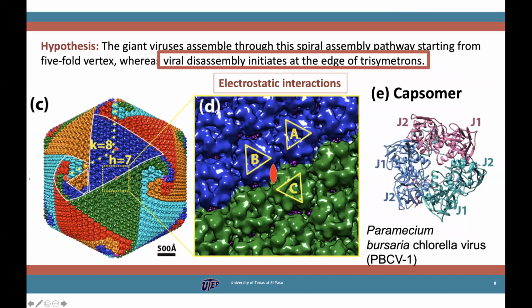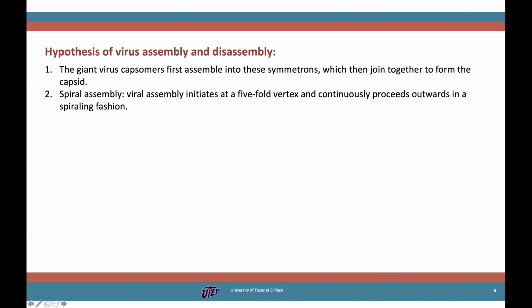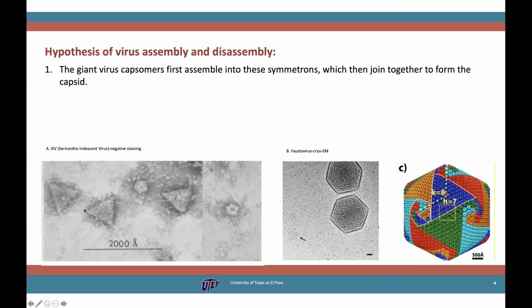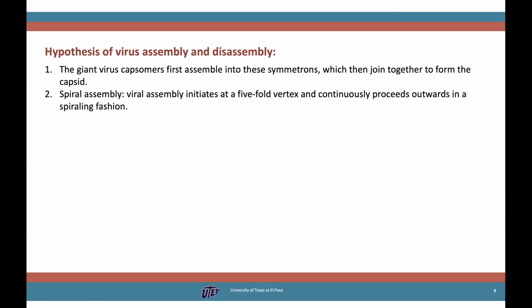And that's why in experiments, when a viral capsid is broken, you can observe some triangles, because the interactions between triangles have some weaker or repulsive binding mode, which easily breaks the triangles' interactions.